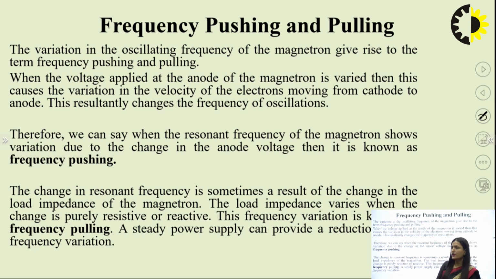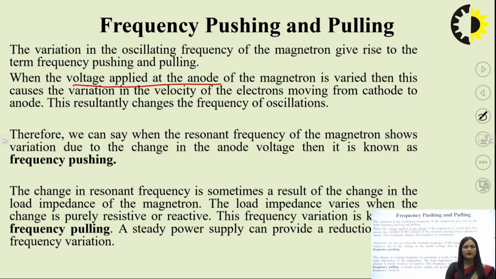So the first change in the oscillation frequency is because of the external voltage applied at the anode. Because of this, oscillations are formed in the interaction space, and when electrons interact with this interaction space, the oscillation of the electrons changes. So this changes the frequency of the oscillation.